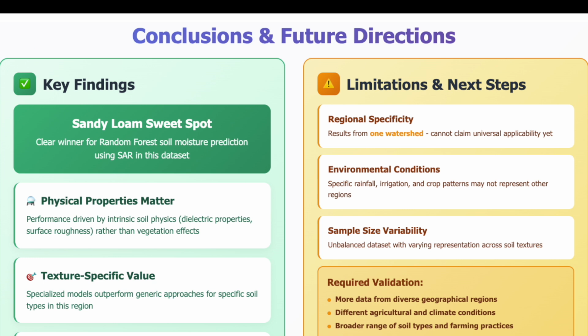For now, this is really an interesting result, I think, and a useful insight for operational soil moisture monitoring in the regions with similar condition. So as we get more data in the future, maybe we will be able to test whether these patterns hold, or maybe if other soils start to show better performance under different conditions.